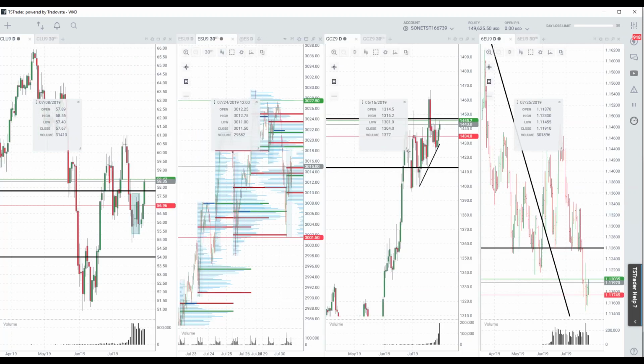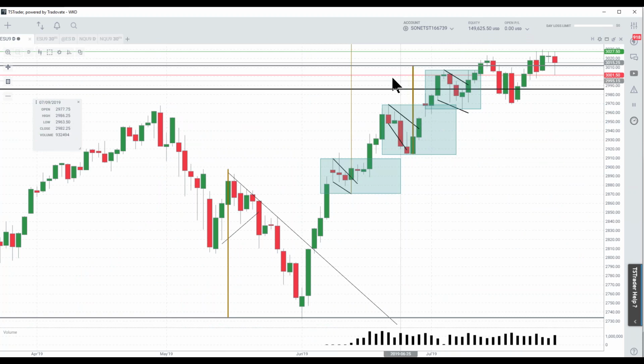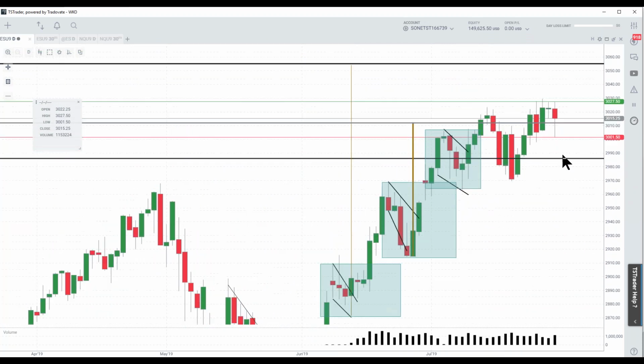Here in the S&Ps, this previous weekly kickoff level still remains somehow magnetic. It was resistance, it became support, became resistance, has now become magnetic. So it would make sense to me that the next bigger move in the S&Ps might start relatively close to this level.